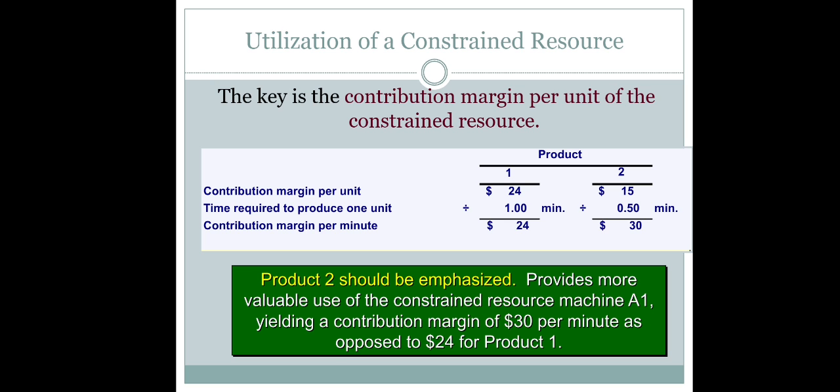After you have done this analysis, you can decide which product the business has to emphasize. In this example, product 2 has to be emphasized, because for product 2 the contribution margin per unit of constrained resource is $30, which is higher than product 1. After you have identified the product that has to be emphasized, you prepare this table.